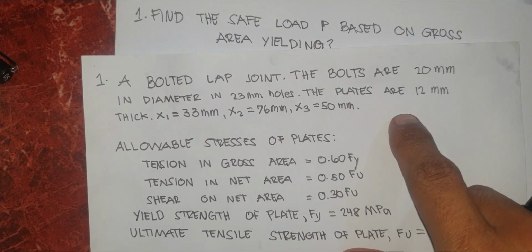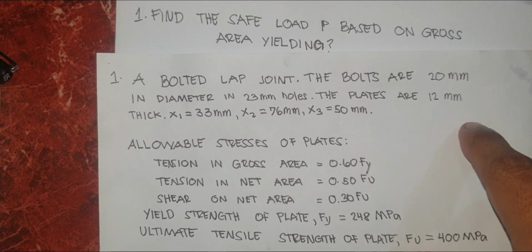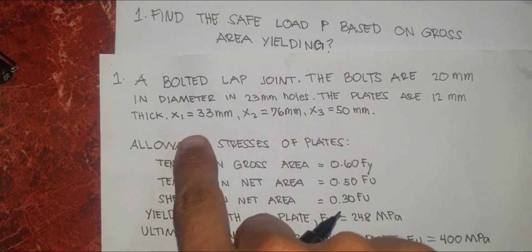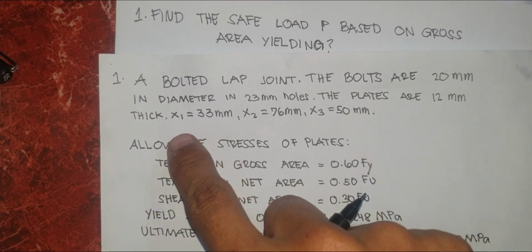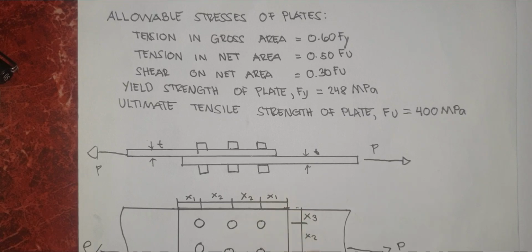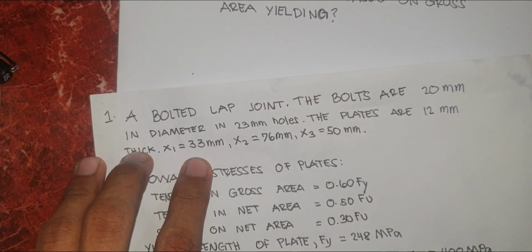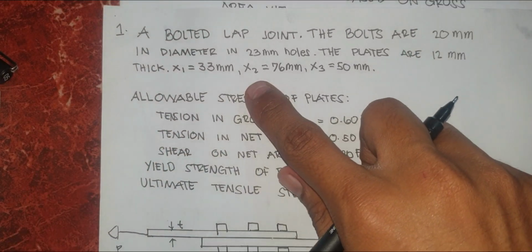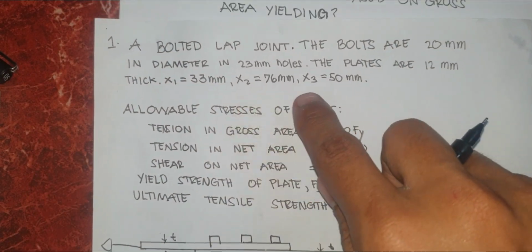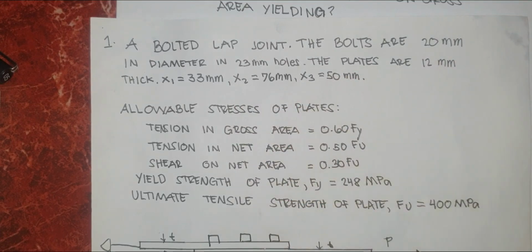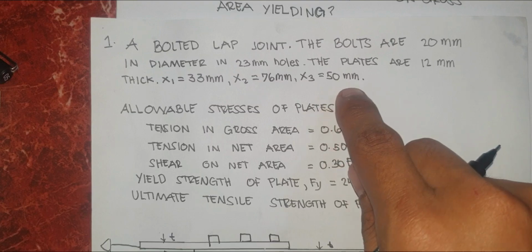The plates are 12 mm thick. Here we find x sub 1 equals 23 mm, x sub 2 equals 76 mm, x sub 3 equals 50 mm.